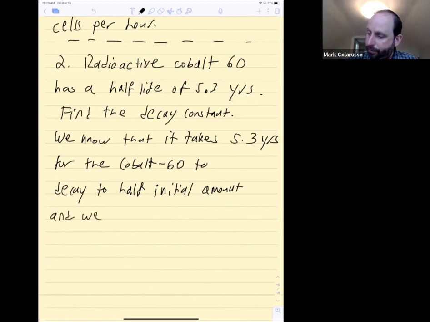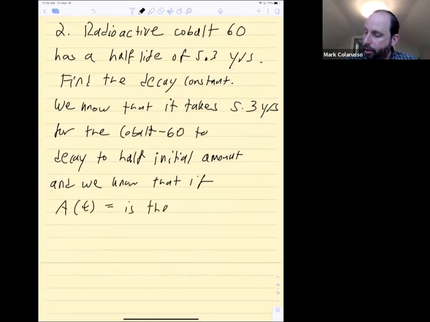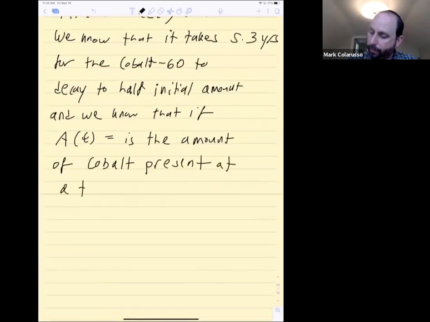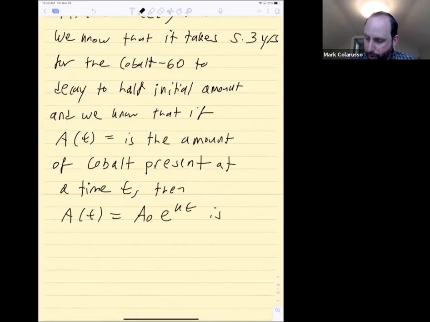So if A of t is the amount of cobalt present at a time t, then A of t is given by the initial amount, which we'll call A of 0, times e to the kt, an exponential decay function.